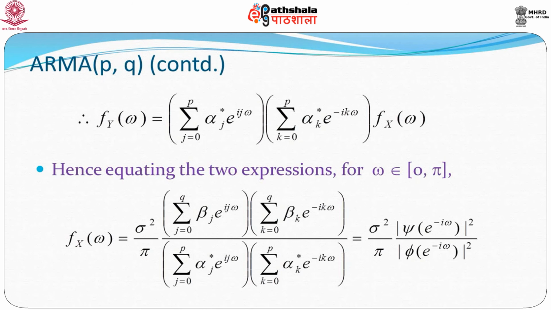Remember that phi is the characteristic function of the AR component and psi is the characteristic function of the MA component. So you can write it in terms of the characteristic functions of the two components as a ratio of it, and we can get the spectrum for x which follows the ARMA(p,q) model, and this would not be very simple to look at, but we can get an expression this way.